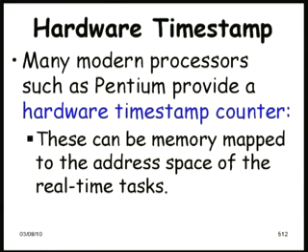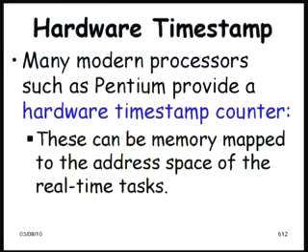Okay, so let us look at the answer to that question, why not always use the hardware timestamp. The hardware timestamp might give you a value of something like 32 bits. You do not need that; you need the current time, or you want to set a timer. You can't directly use the hardware time for most applications.